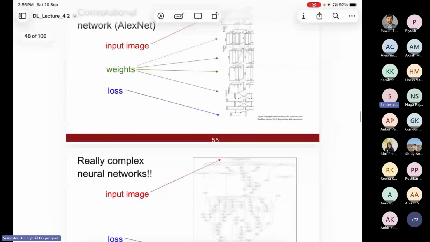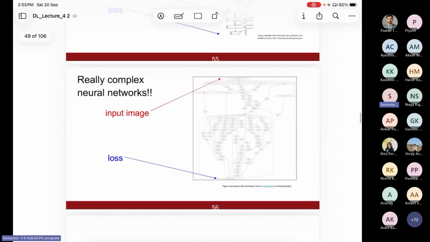You can see one more example here. This is a very complex network, so you cannot think about finding del L by del W directly. I'm just giving you different scenarios, even more complex ones.